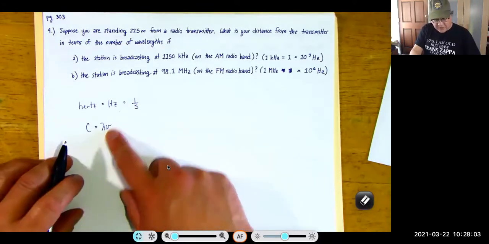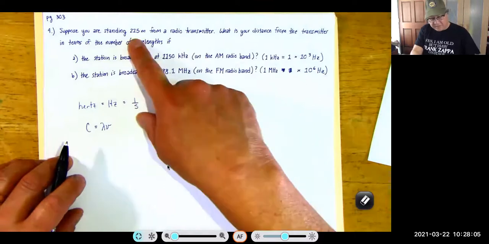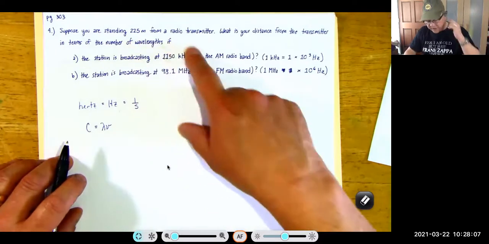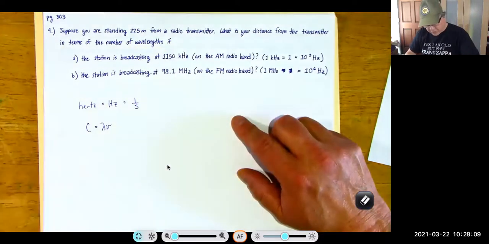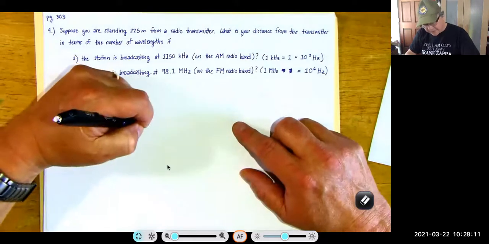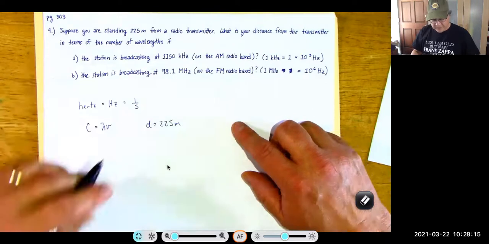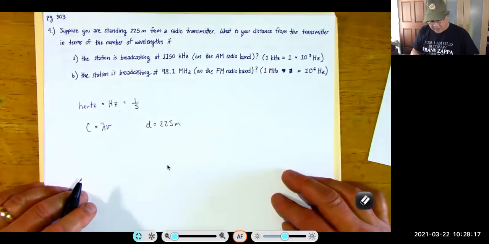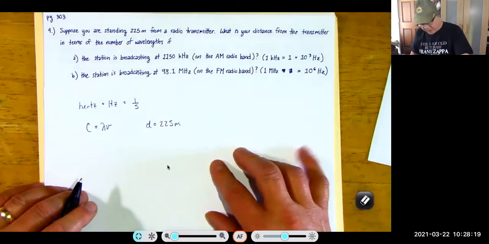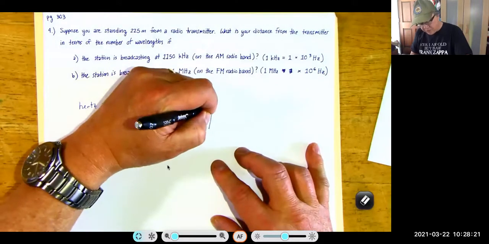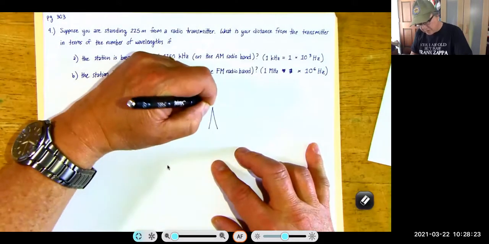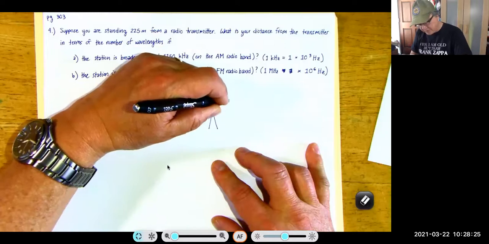And we're standing 225 meters from a radio transmitter. So we know that the distance is equal to 225 meters. And we want to know how many wavelengths between you and the radio transmitter. So here's your radio tower, the transmitter.